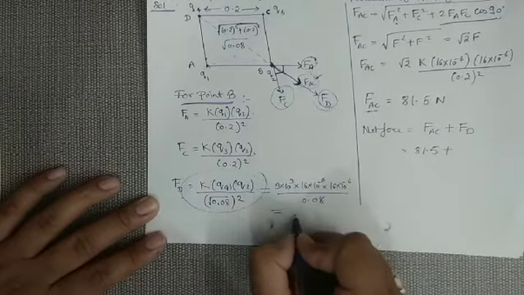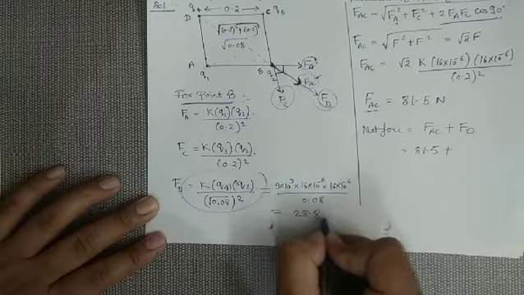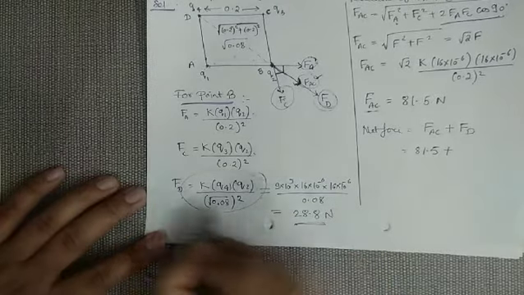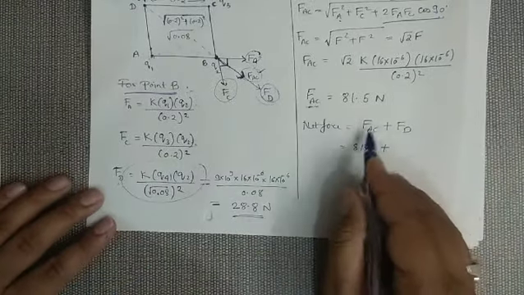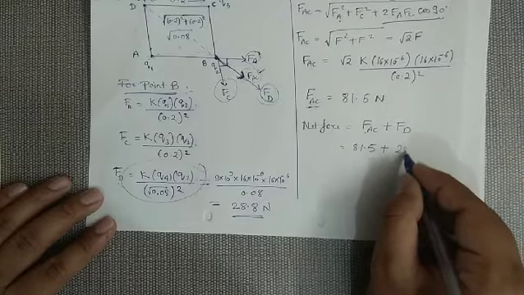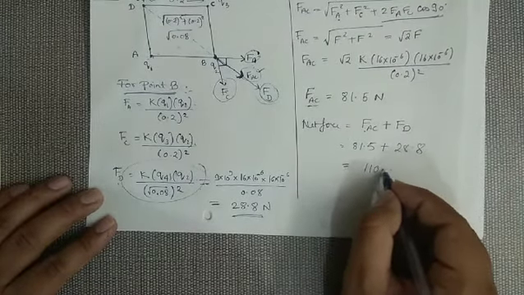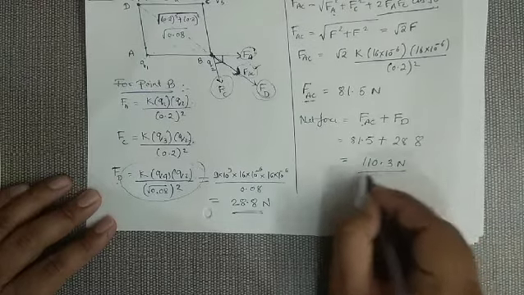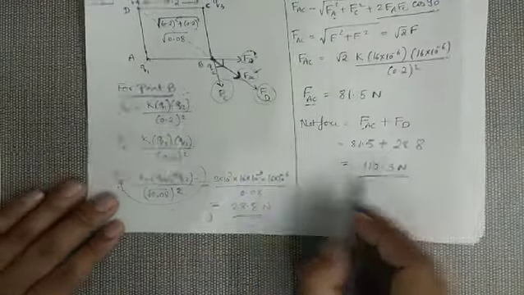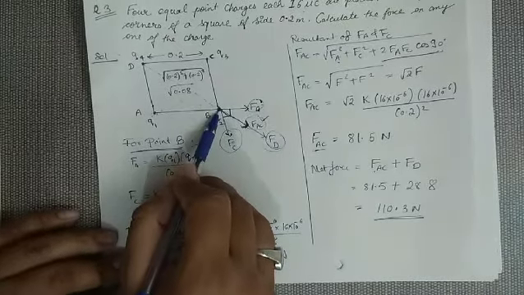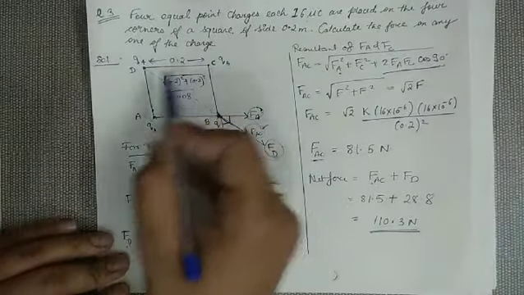You will get the value of FD as something about 28.8 Newton. Net force is FAC plus FD, that is 81.5 plus 28.8, so the final answer you will get is about 110.3 Newton. This is the net force acting on B. Similarly you can do it for A, C, and D also.